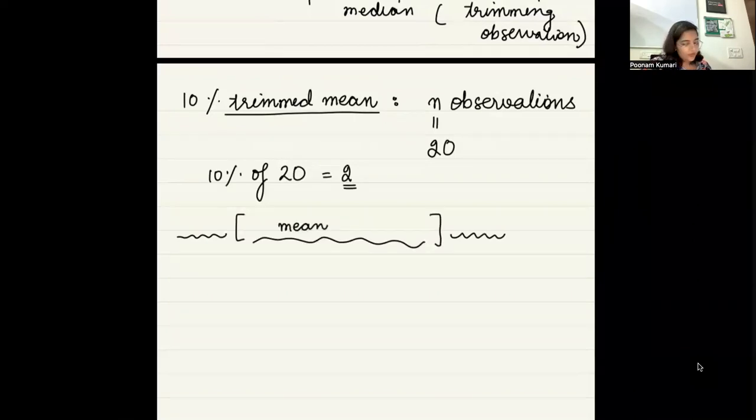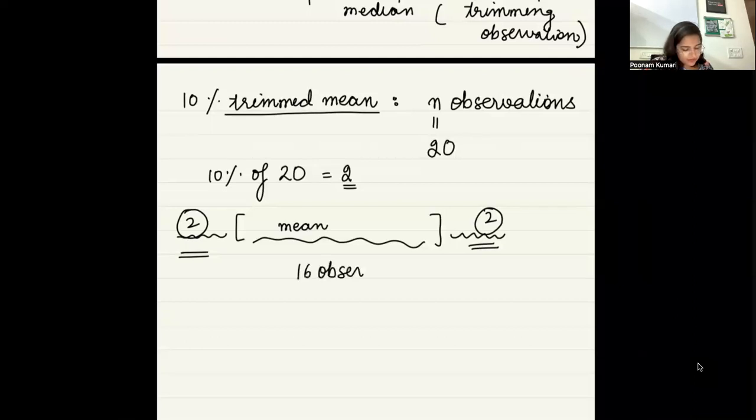There are 16 observations left now, so you find the mean of those 16 values. This is how you find the 10% trimmed mean.